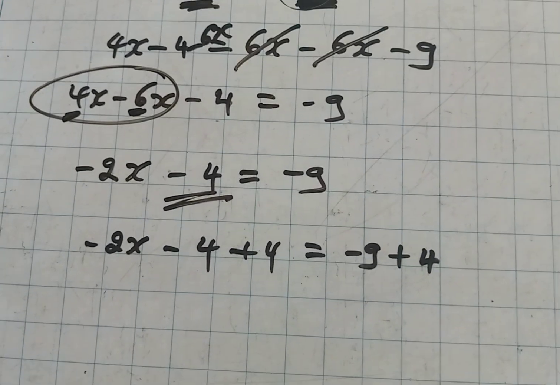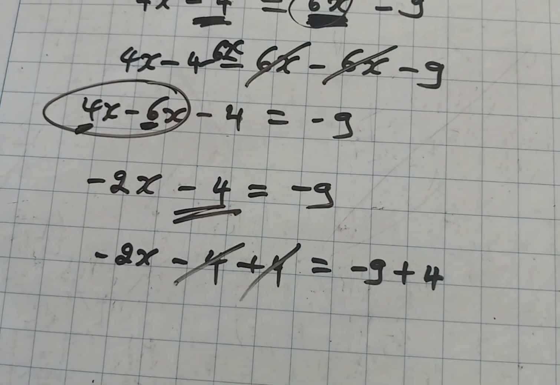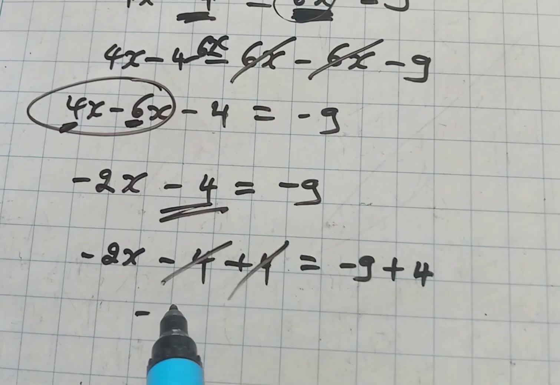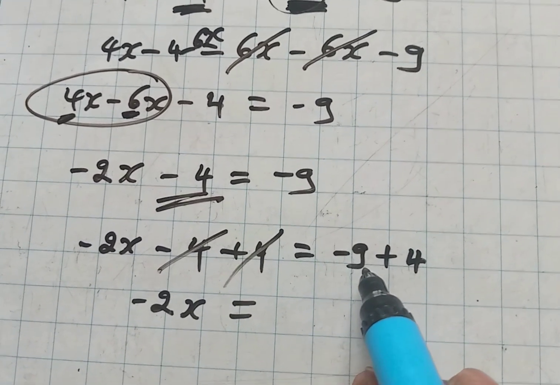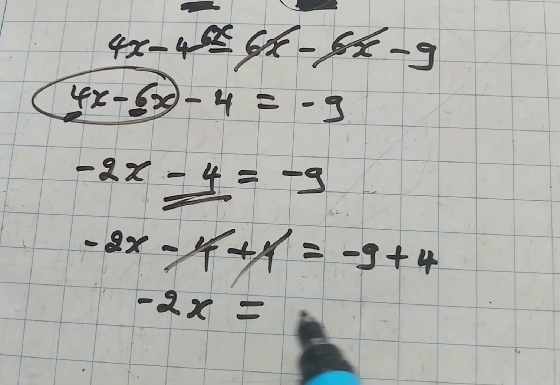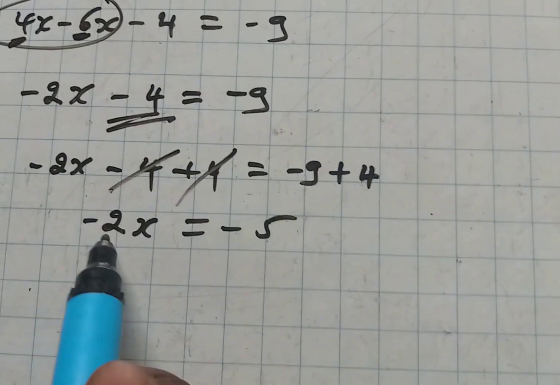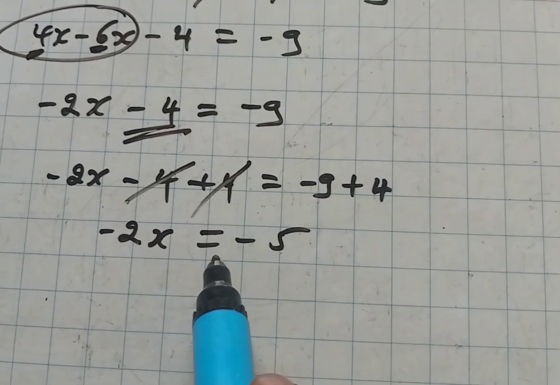This one is giving a 0 now. Negative 2x is equal to negative 9 plus 4, which is equal to negative 5. So -2x is equal to -5.